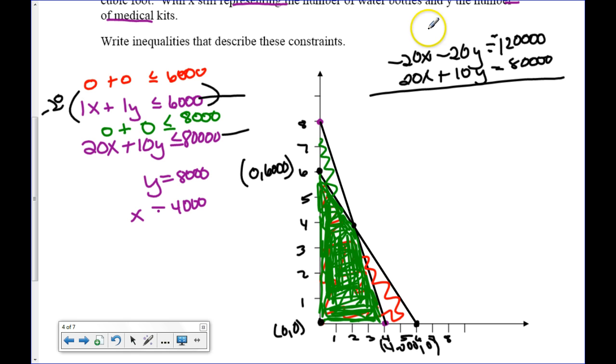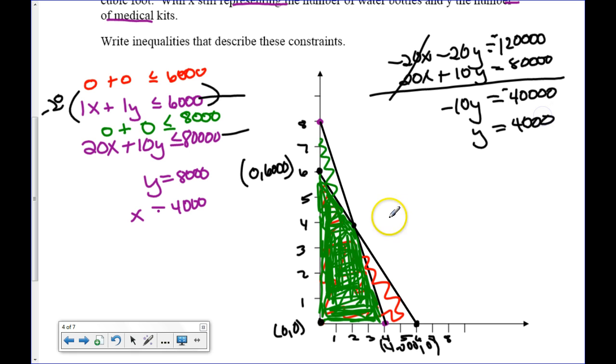My x's cancel. So I have negative 10y is equal to 40,000. So what's y going to be? 4,000. So my y value for this point is at 4,000. Okay, it's an ugly 4.